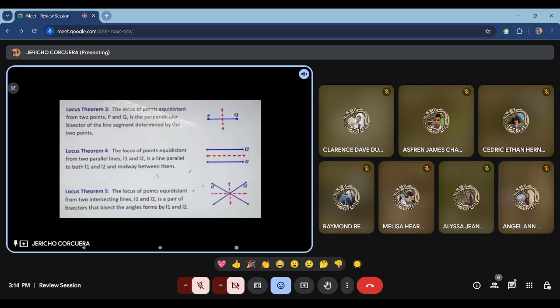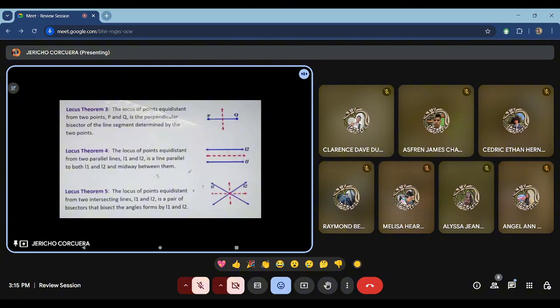It is equidistant from the two parallel lines. The distance from L2 to the line in the middle equals the distance from L1 to the line in the middle. That is the locus of points, the line in the middle.